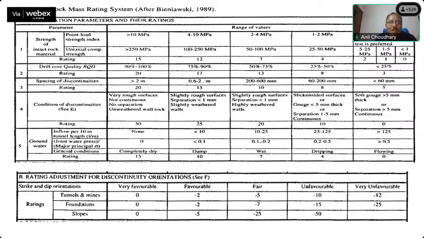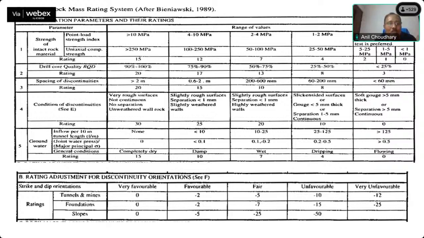Now in this table, if point load strength index is greater than 10 MPa, and uniaxial compressive strength is more than 250 MPa, we give it a rating of 15. Similarly, if you go to the next column of range of values, if it is between 4 to 10 and 100 to 250, we give it a rating of 12. In this way, different ratings are given for strength of intact rock material.